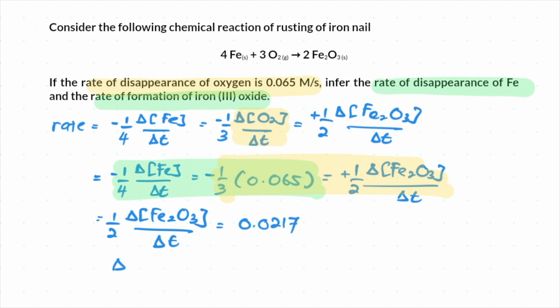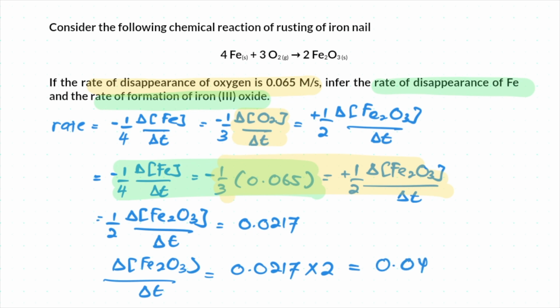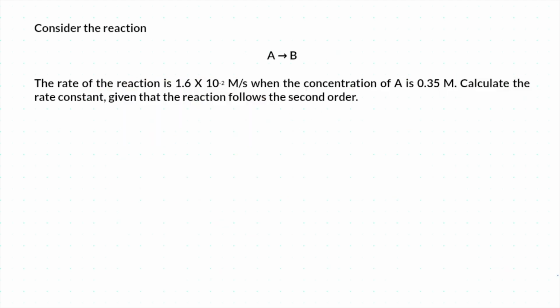So when you want to find delta Fe2O3 over delta t, it is 0.0217 times 2. Therefore, the final answer for the rate of formation of iron trioxide is equivalent to 0.0434 molar per second. So this is the final answer for the 5th question. Let's move on to question number 6.